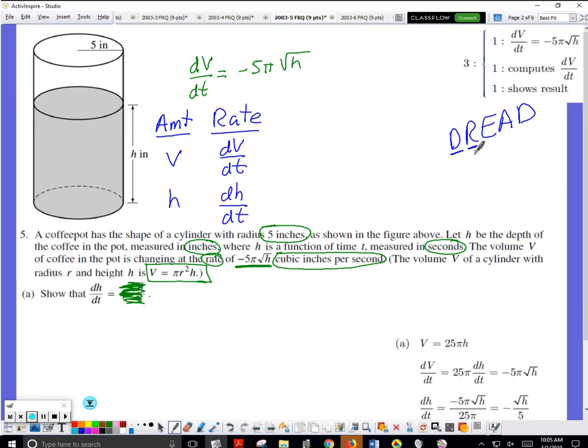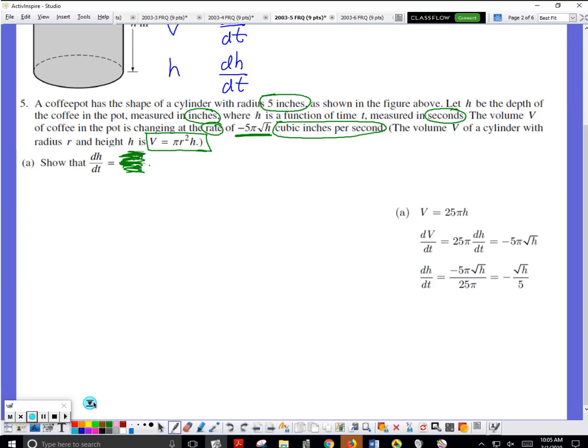R stands for rates. I have the rates listed. EA stands for find an equation that involves the amounts. There it is. Can you explain that last little part?